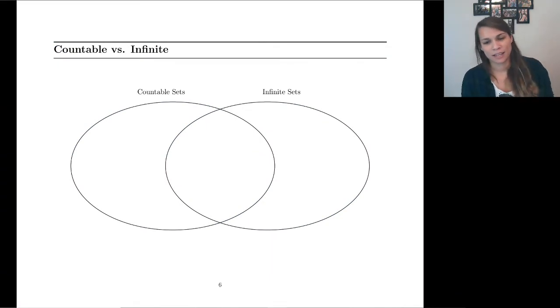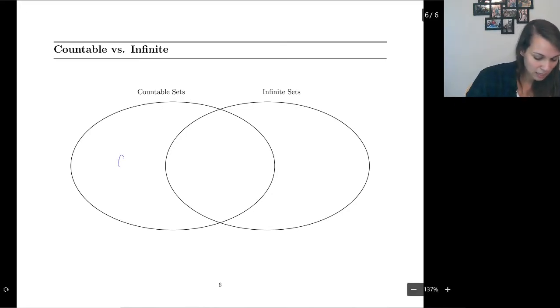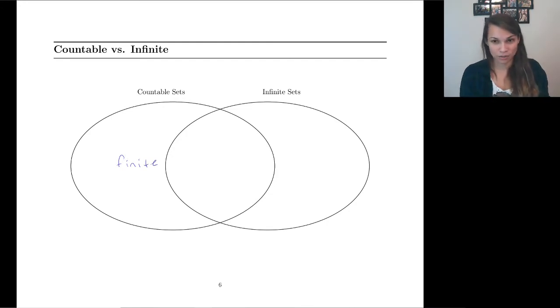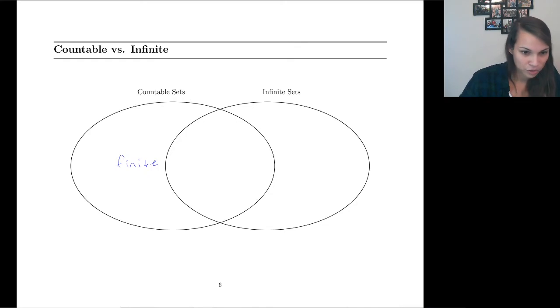So just to wrap everything up, I want to clarify that countable sets and infinite sets are different things. It's not even that countable is a subset of infinite, because countable sets could mean finite sets, right? We can count the number of elements in a finite set, but you could definitely have an infinite set that is countable, as demonstrated by our countably infinite definition.